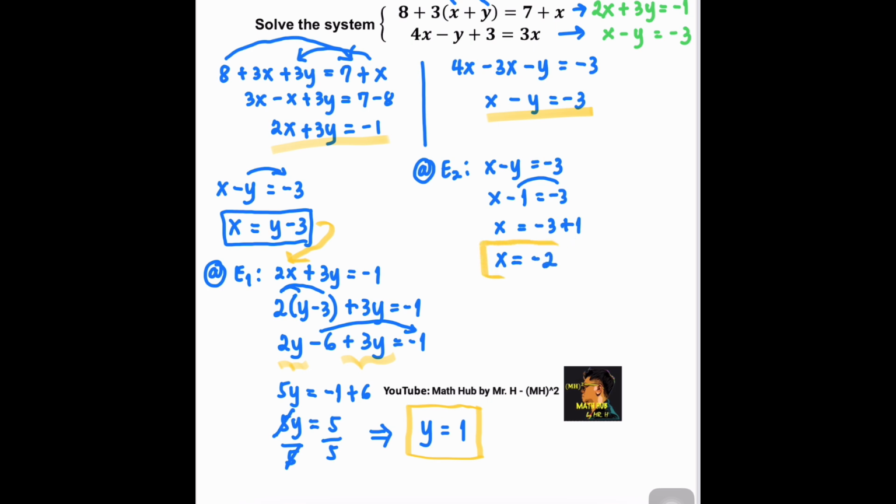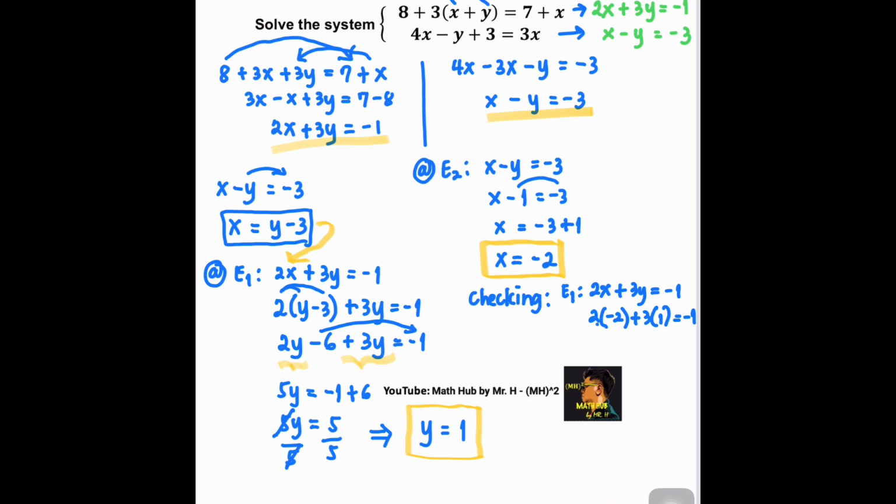That's the answer. To see if the values that we got are correct, we check first for equation 1, which is 2x plus 3y equals -1. We plug in the value of x, which is -2, plus 3 times 1 equals -1.